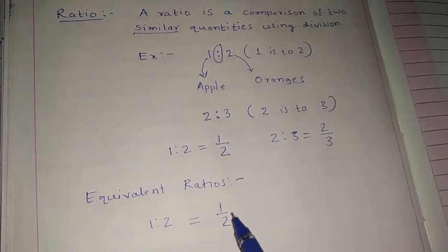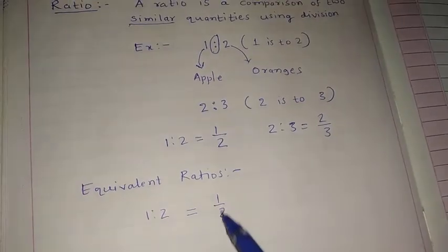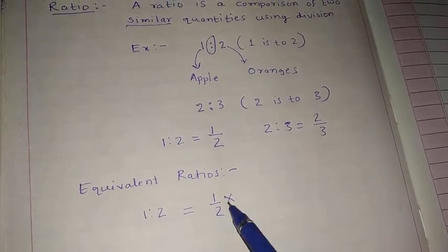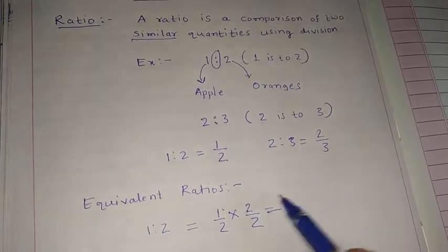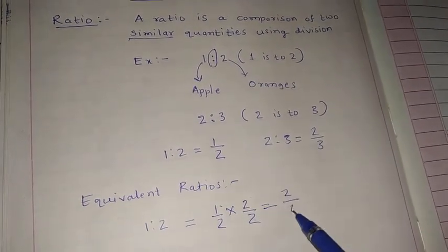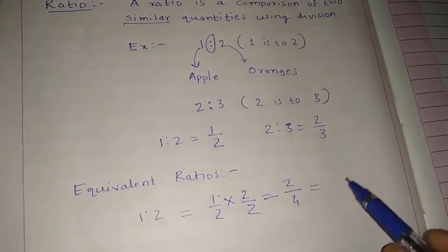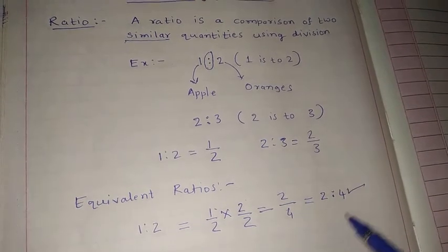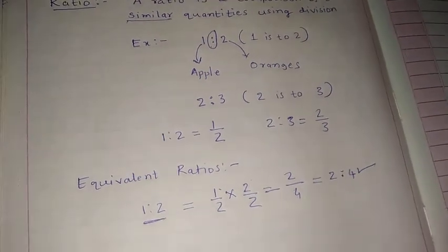After that, for this fraction form of the ratio, we have to multiply both the upside and downside number by the same number except 0. Okay, 2 by 2. 2 ones are 2, 2 twos are 4. So again this fraction we have to write in the form of a ratio. So this 2 is to 4 is the equivalent ratio of 1 is to 2.